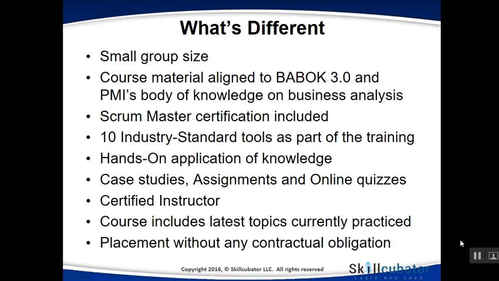So why do we think we are unique or we offer some special features? Some of the reasons, as you can see on this slide, is that we go with a small group size. Unlike others, I don't like to go with a huge batch, so to speak.